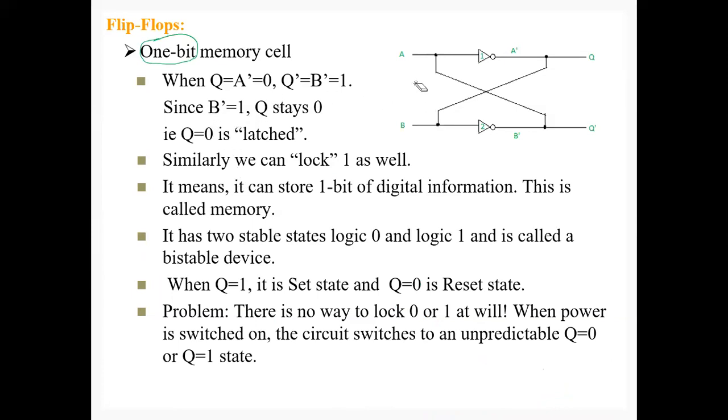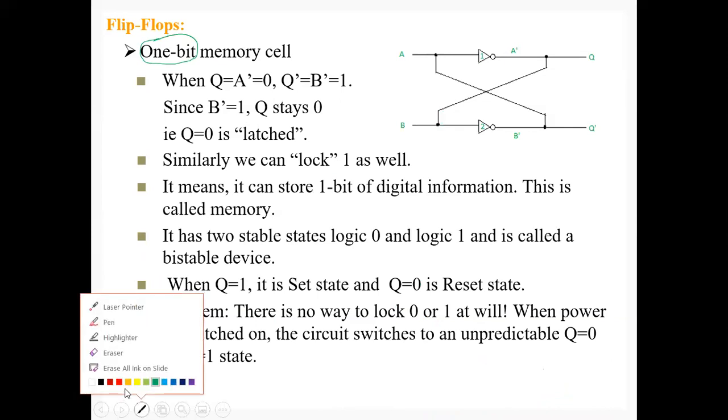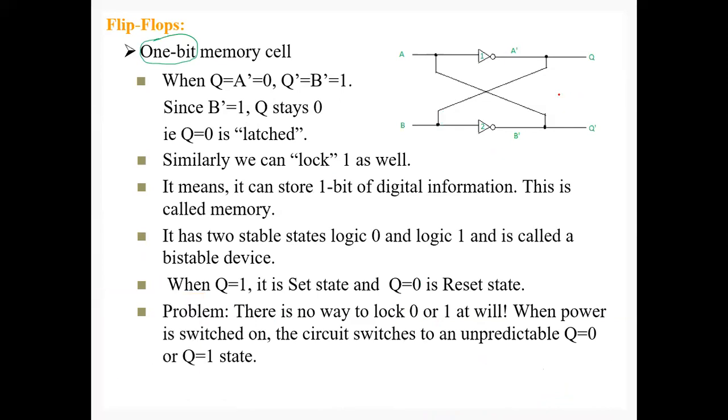Suppose you have 2 NOT gates connected like this. So this is NOT gate 1, and this is NOT gate 2. This is A, this is B. A is connected to NOT gate 1 and B is connected to NOT gate 2.